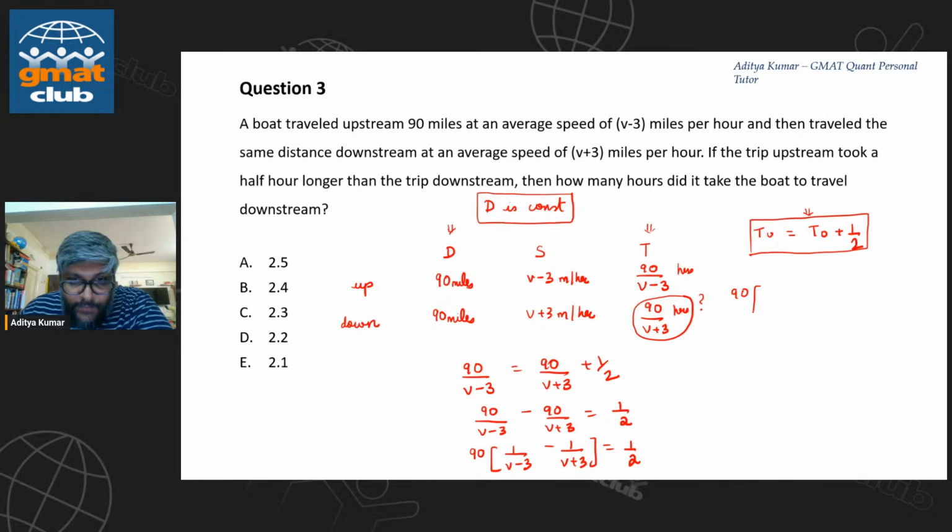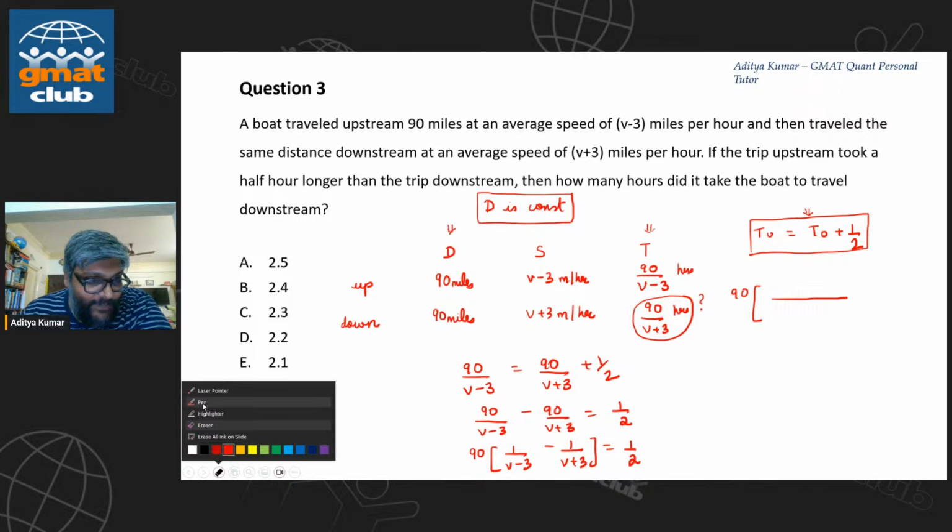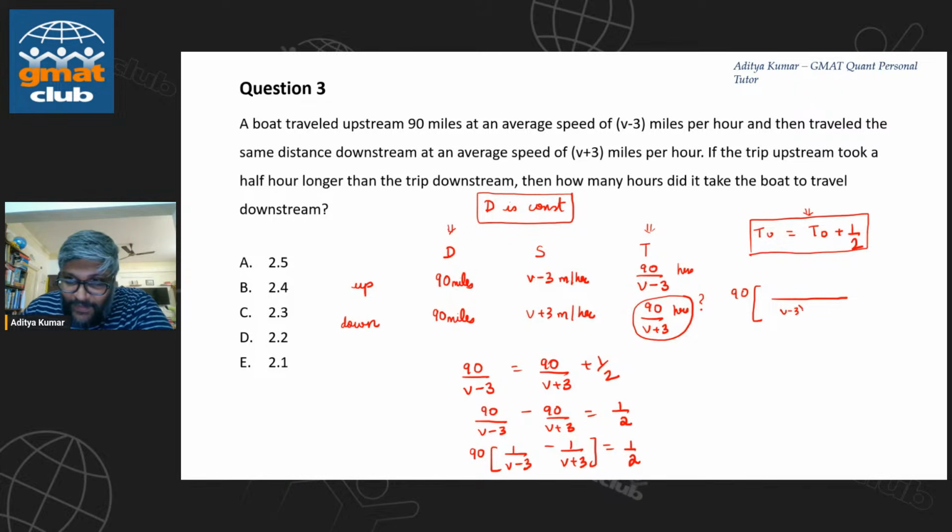So 90, taking the LCM. The LCM is v minus 3 into v plus 3. That's v square minus 9. I'll just write it as v minus 3 and v plus 3 for not confusing some of y'all. So this will be v plus 3 minus v plus 3, right? Is equal to half.